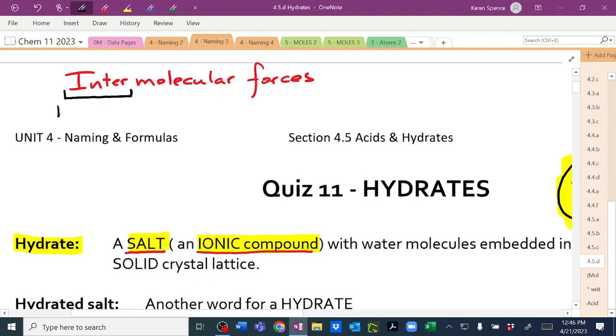It means between. So if you go on an international flight, you are traveling in between nations. If you have an intercontinental sort of thing, you are traveling between continents. International is a good one. I like that one. Now, intermolecular means between molecules.